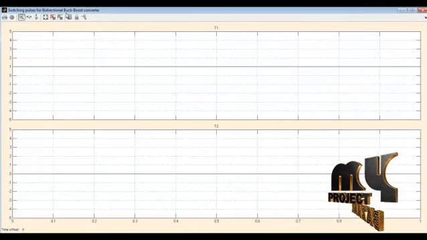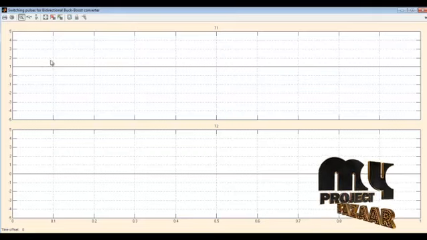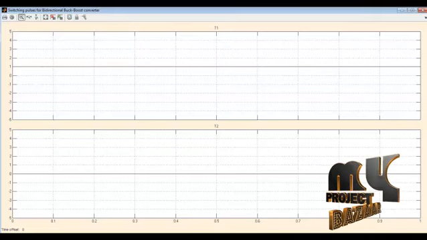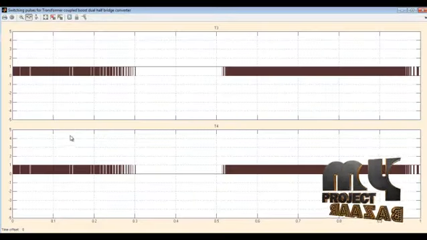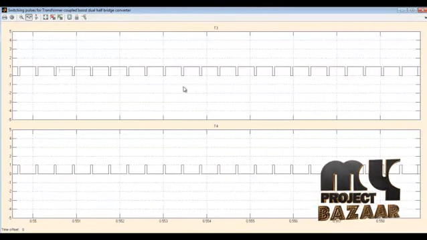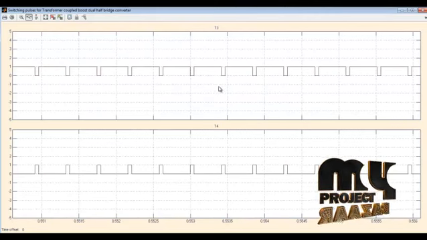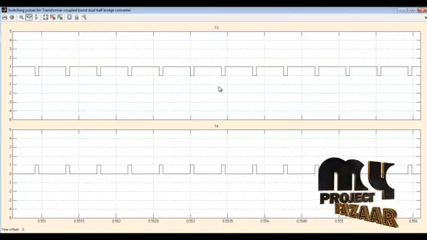These are our switching pulses for the bidirectional buck boost converter. The T1 switch is totally on, and the T2 switch is totally off. This is the switching pulses for the transformer coupled boost dual half bridge converter.